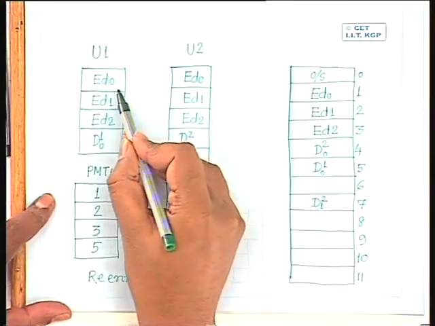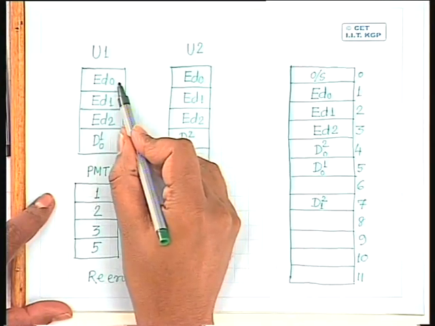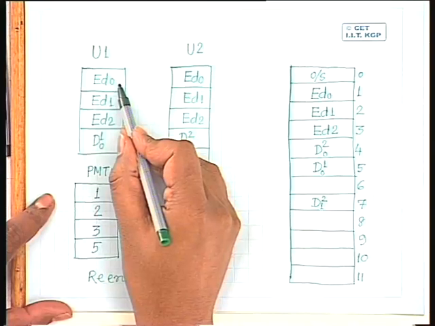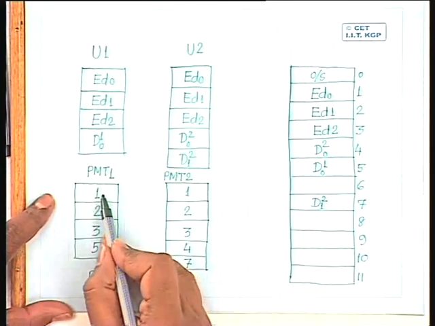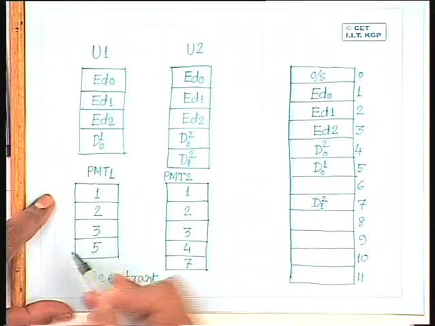Suppose instead of making this page number 0 of user program 1, this is made page number 5 of user program 1. In that case, this frame number 1 will appear as the 5th entry in PMT1. Then also it can be shared.